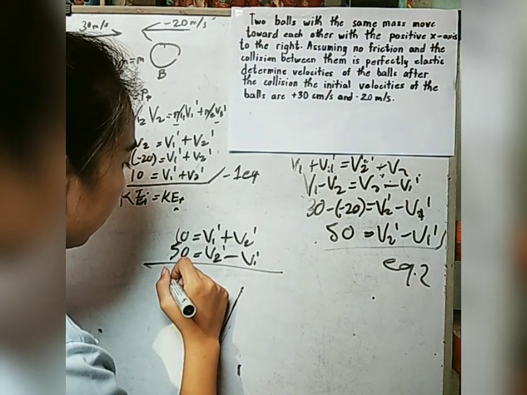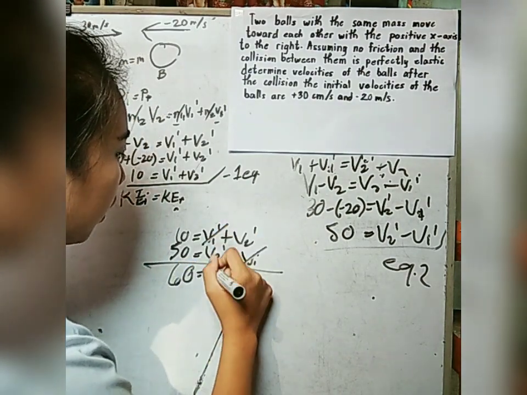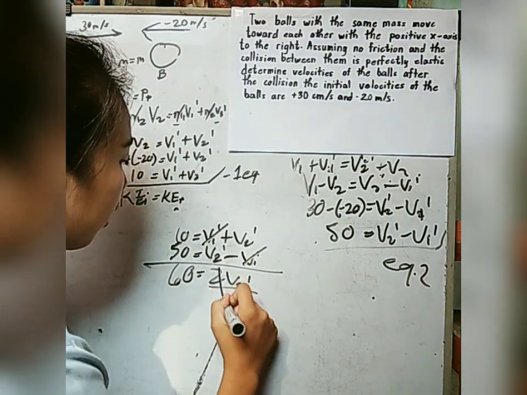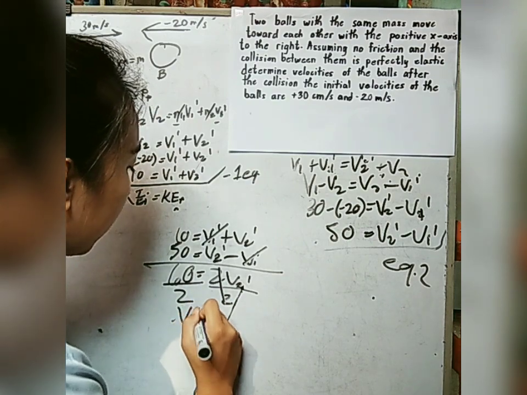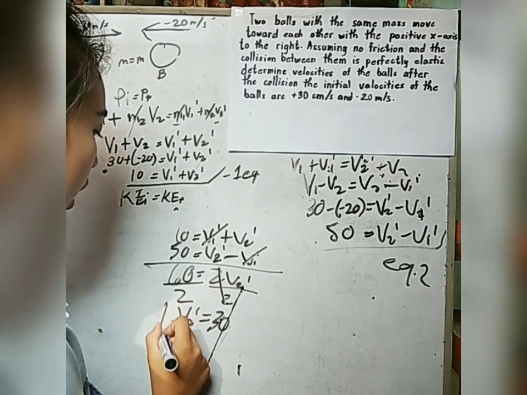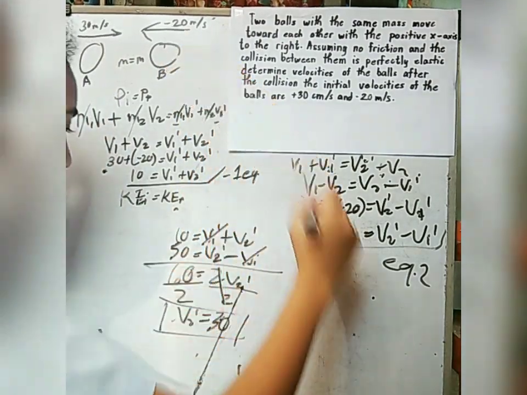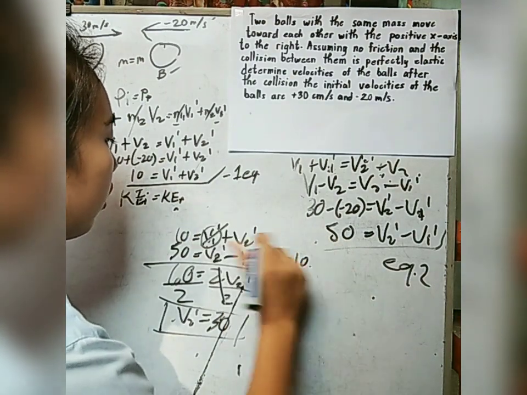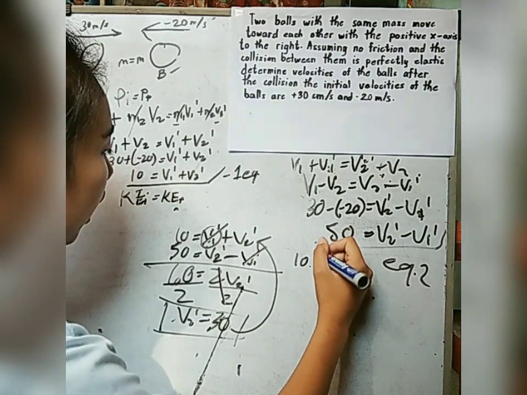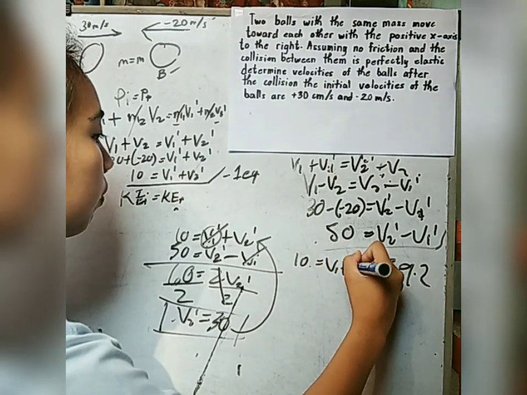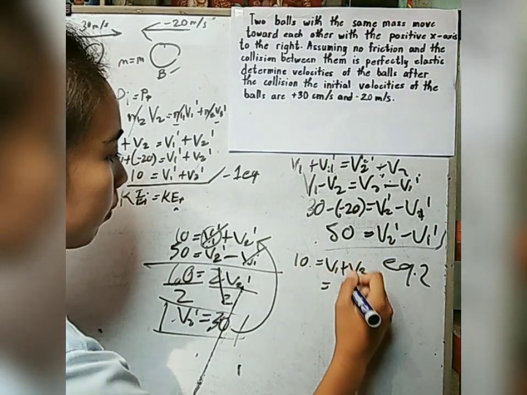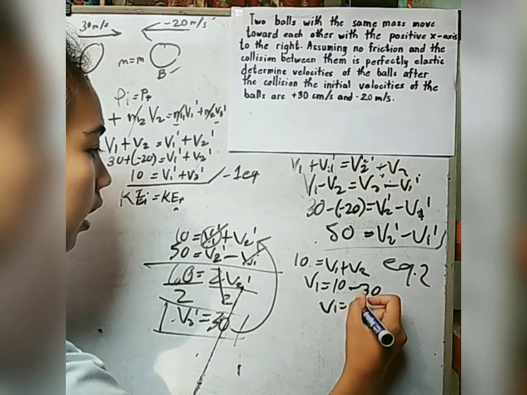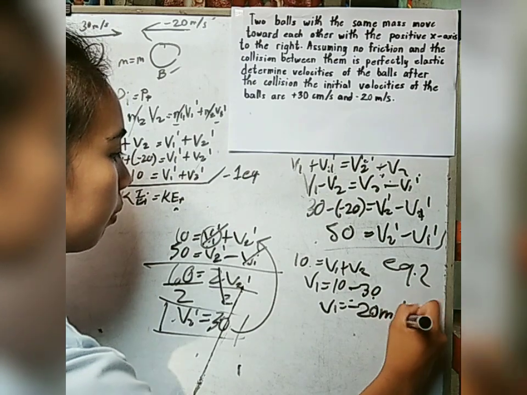So, let's add them. 60 is equal to 2 V2 final, canceling V1 final. So, divide by 2. V2 final is 30. This is the velocity of ball 2. To get the final velocity of ball 1, substitute: 10 is equal to V1 final plus V2 final, so V1 final is 10 minus 30, which is negative 20 meters per second.